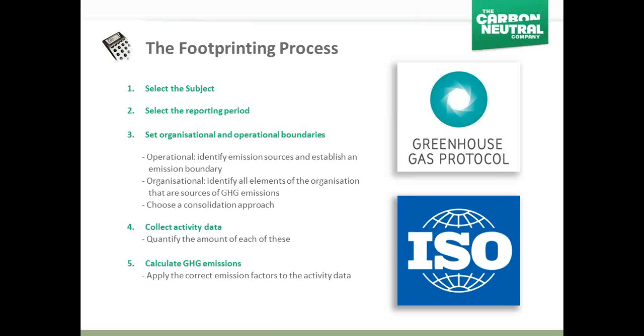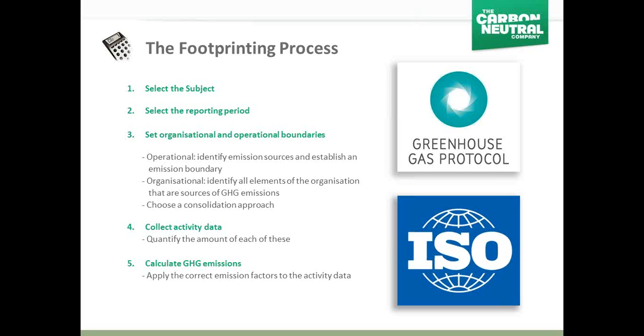The next step is to set organizational and operational boundaries. So for operational boundaries, identify the emission sources pertaining to your company and establish that emissions boundary. For organizational boundaries, identify all entities of your organization that are sources of greenhouse gas emissions and choose a consolidation approach. You'll choose to follow the operational control approach, the financial control approach, or the equity share approach to consolidate your emissions.